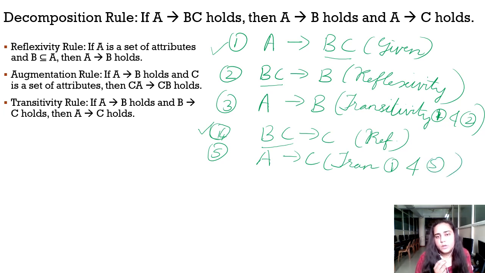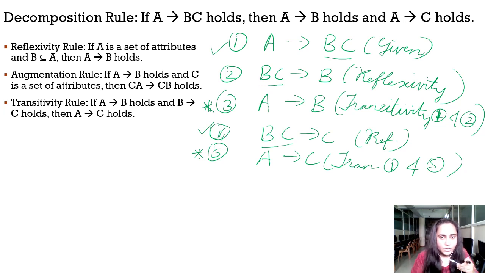So this is what I get, and hence you can see that using step 3 right here, I have proved A determines B, and using step 5 I have proved A determines C. So both the things have been proved, and this is my decomposition rule.